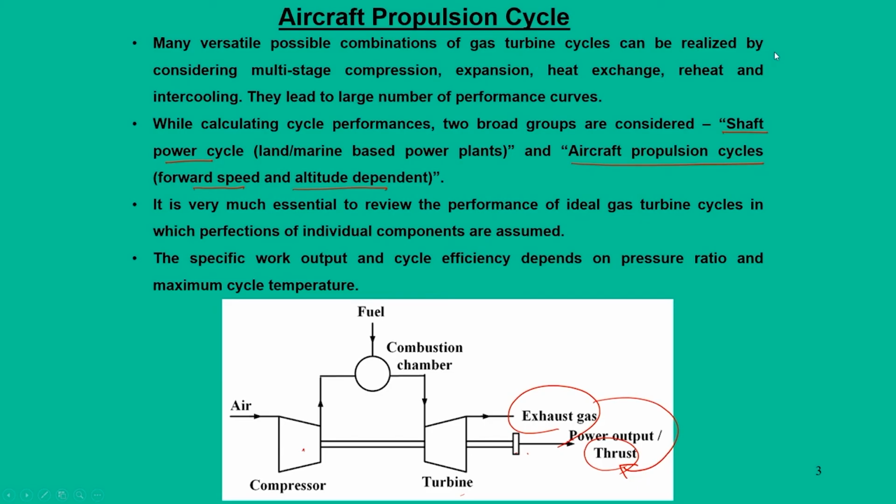For the shaft power cycles, we have seen many kinds of modifications like multi-stage compression, expansion, heat exchange, reheat, and intercooling. These are improvements in power production and efficiency. But our main attention in this lecture is how gas turbine cycles are used as a propulsion device.